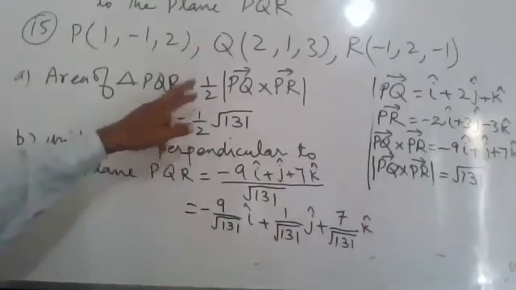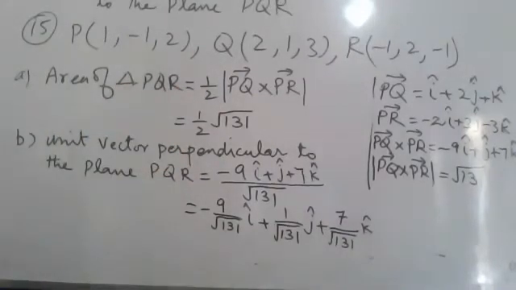If we multiply by half, this will be the area of the triangle. If we do not multiply by half, it will be the area of the parallelogram or the rectangle.